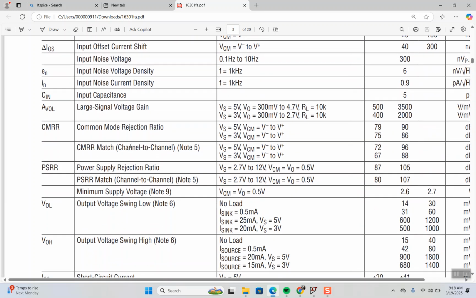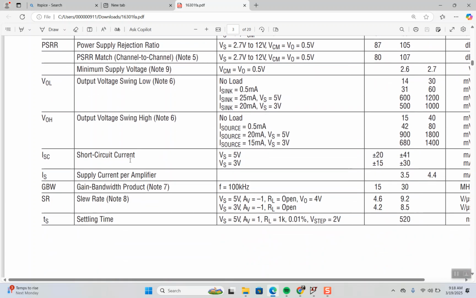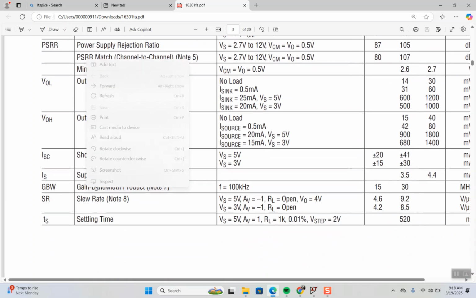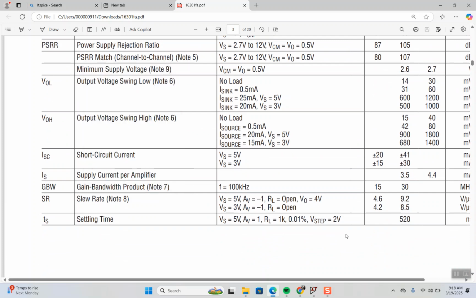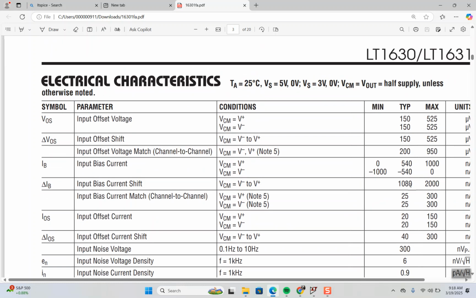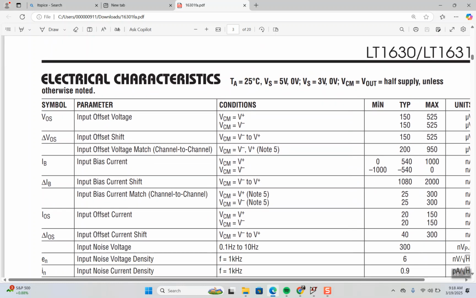We're just starting with gain bandwidth here. So gain bandwidth, product note 7. And we have some numbers, 15 and 30. I have to scroll back up. Minimum, typical.